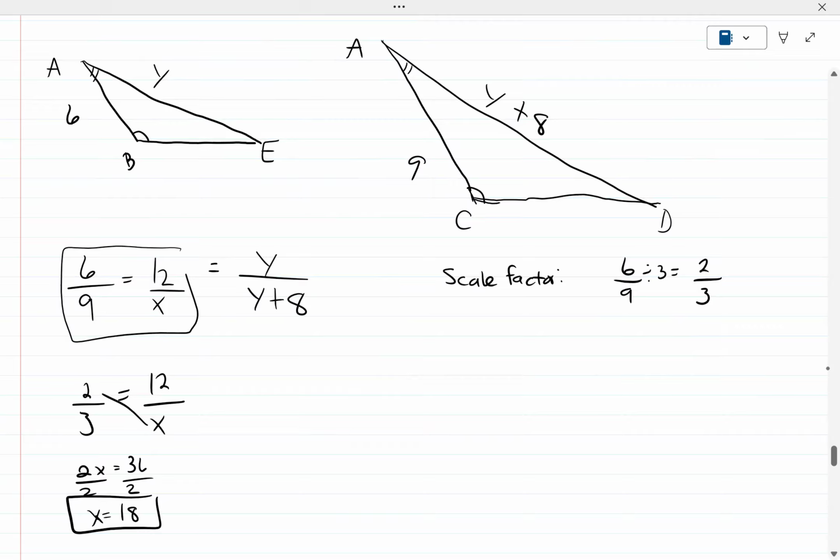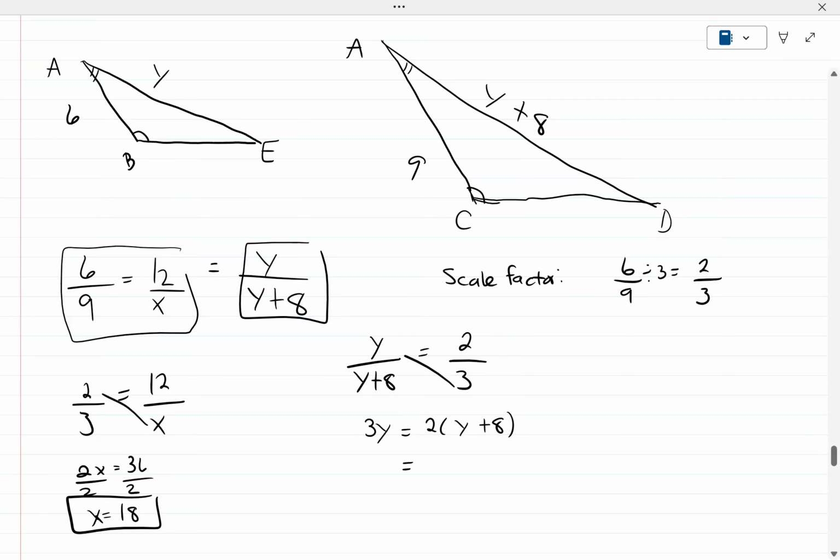Now let's find our Y. So we could set this equal to our scale factor. So you could say Y over Y plus 8 equals 2 over 3. And then you would cross multiply. So this is going to be 3Y equals 2 times Y plus 8. So go multiply this out.